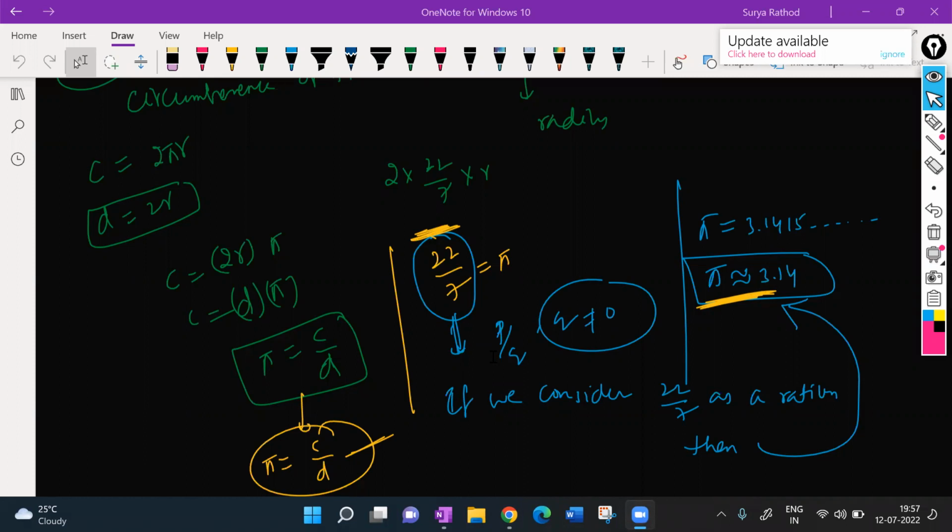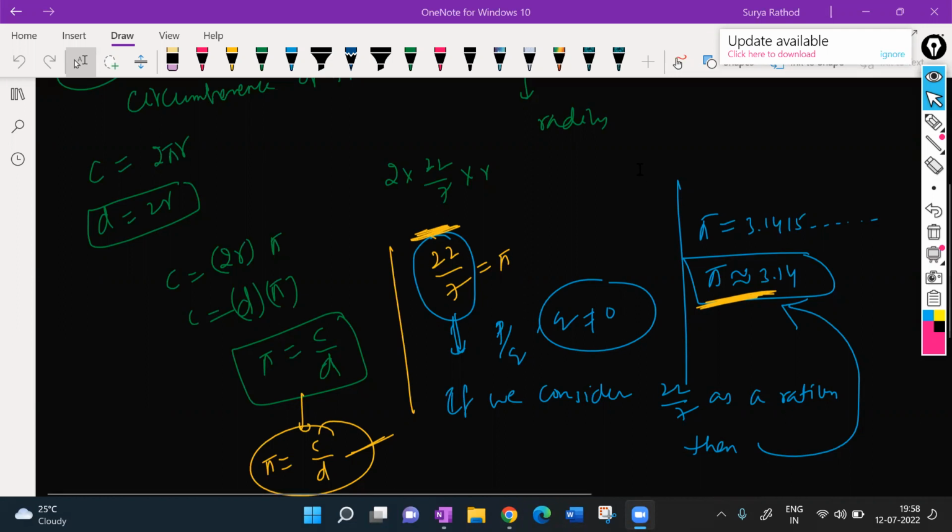If you calculate, that is what I'm getting. Hence, what can I say now? That pi is exactly not equal to 22/7, beta. It is an irrational number. That is how we resolve this contradiction, by taking it as an irrational number. That is the answer you can give for this question.